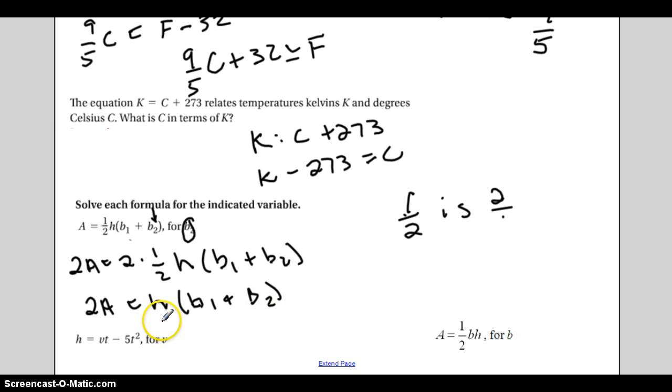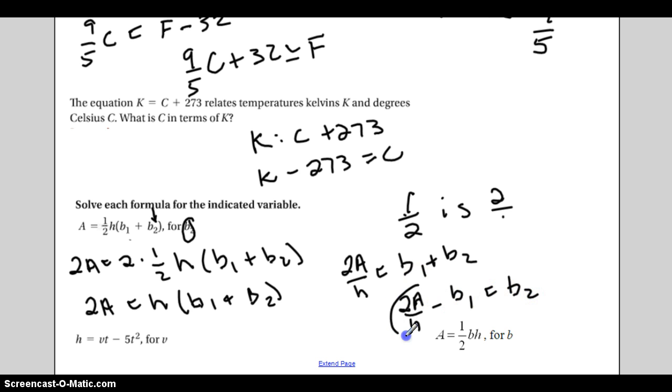Opposite operation, divide by h. Then subtract b sub 1 from both sides and you're done. Try these two on your own. And I'll see you tomorrow.